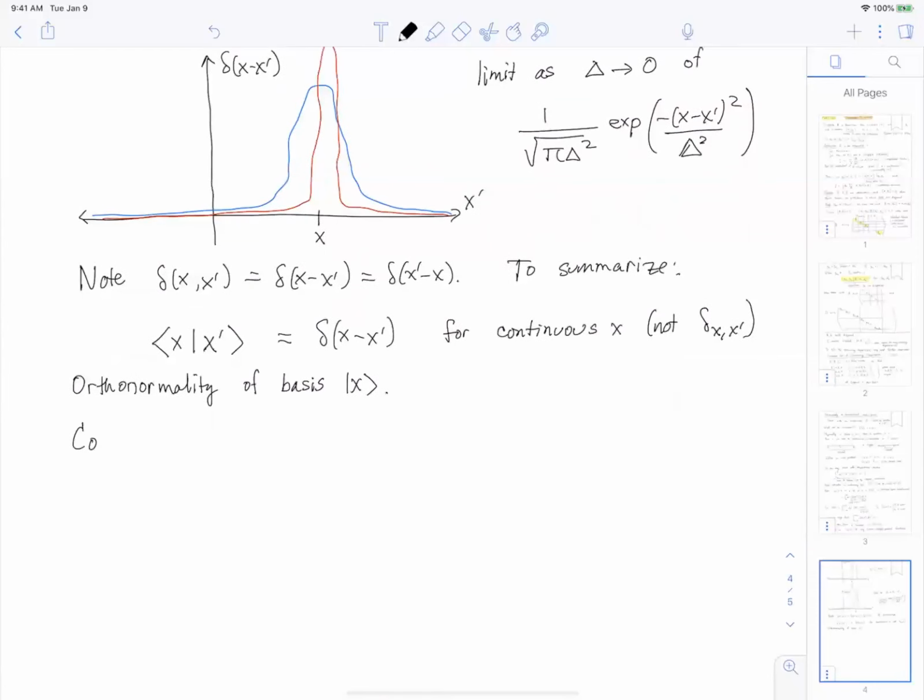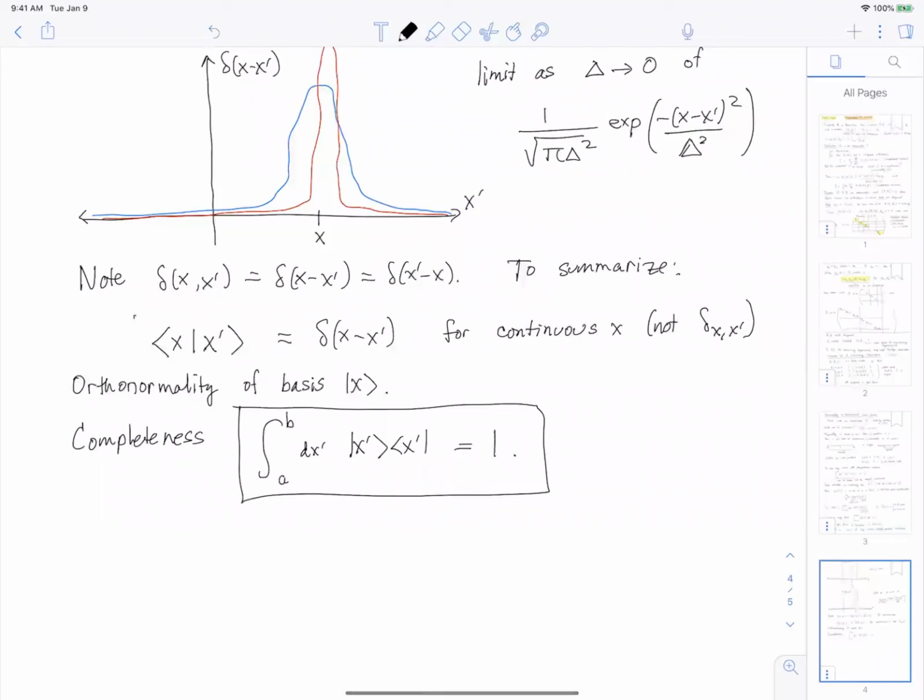And the completeness relation, and this is similar to what we've already written down, is I integrate over all x that are allowed, which is from a to b, of dx prime, |x prime><x prime|. That's the identity. Okay, and so the usual sum is replaced by this integral. These are the defining orthonormality and completeness relations for our position eigenstates.